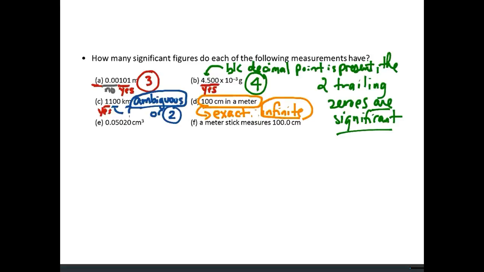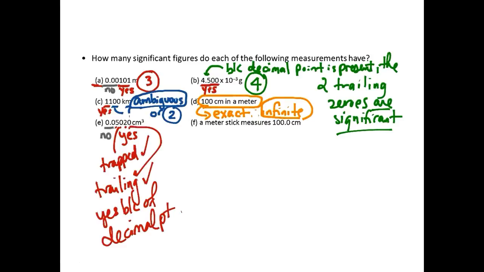Those are all exact numbers. If we get into days or years, that would be more confusing because of leap years. So we probably won't get confusing like that because there aren't really exactly 365 days in a year. We'll stay away from years. But 100 centimeters in a meter, that is certainly an exact number.